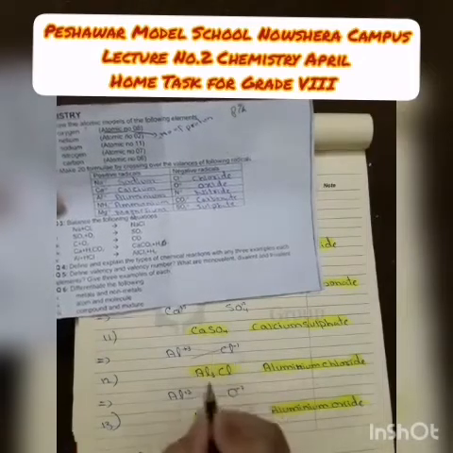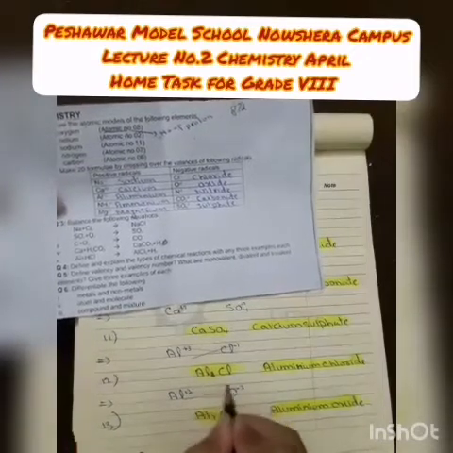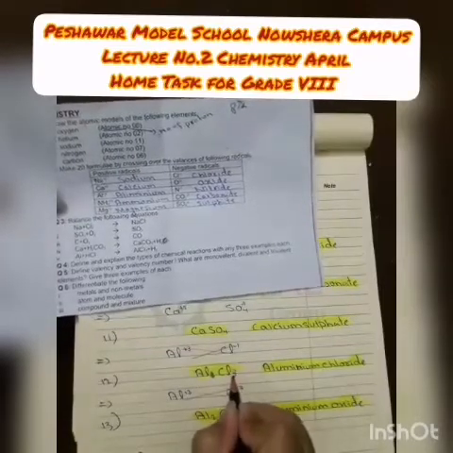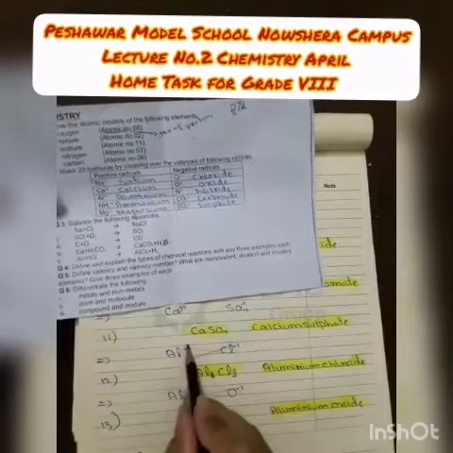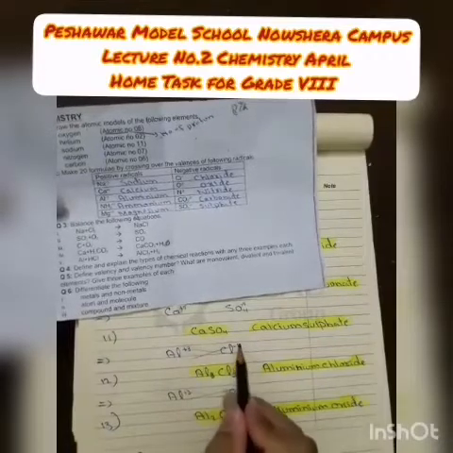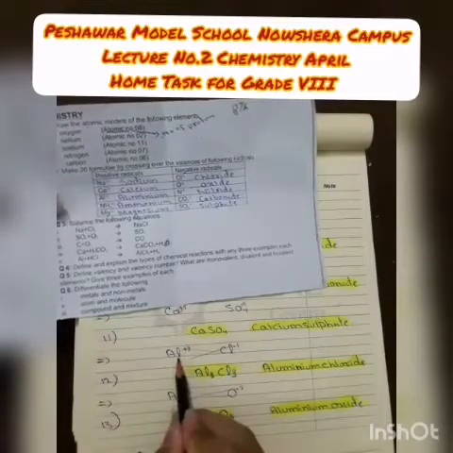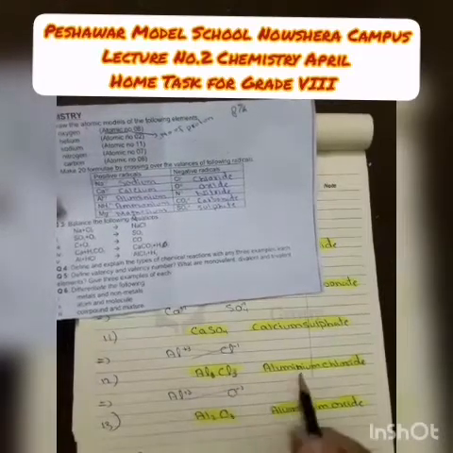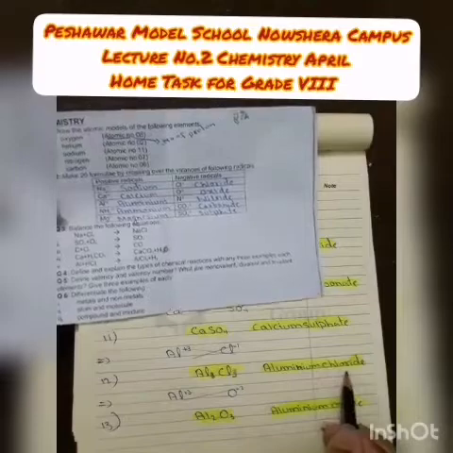Okay, here is a mistake. This is AlCl3. The aluminium valency moves toward the chlorine, and the chlorine valency moves toward the aluminium. Aluminium is 1 and Cl is 3. AlCl3 is the chemical formula of aluminium chloride.